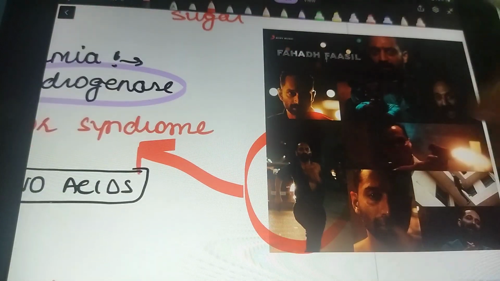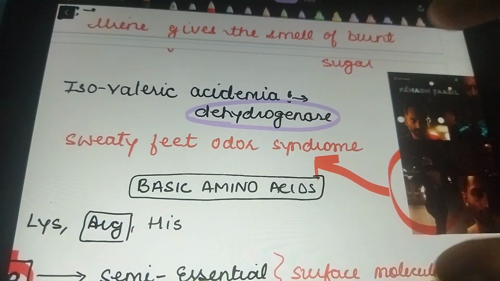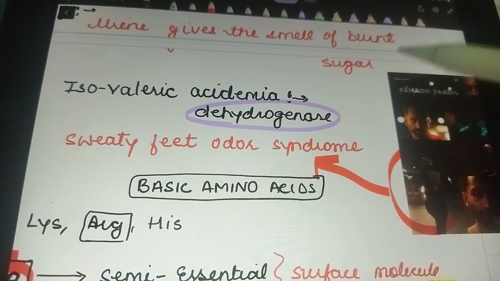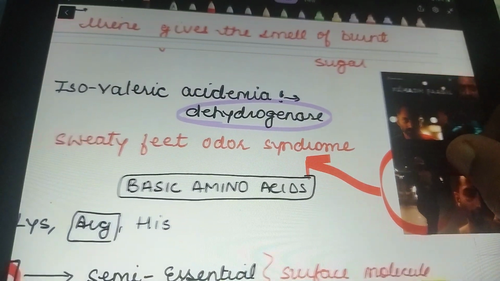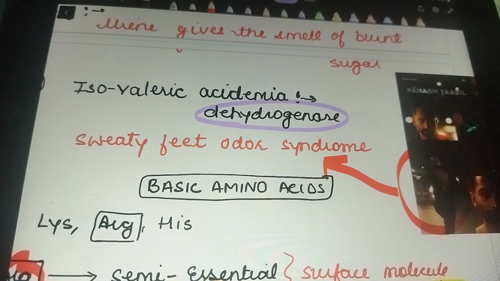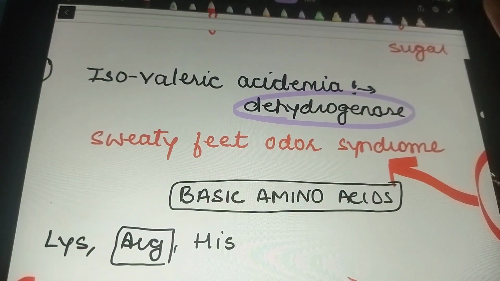The movie is called Vikram, a South Indian Tamil movie. The character has a particular fate in the movie, and I relate this to the sweaty foot, because sweaty feet odor is not that common for us.